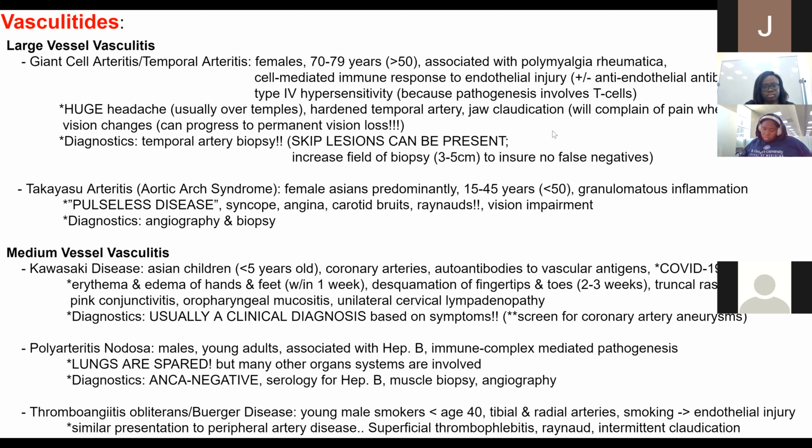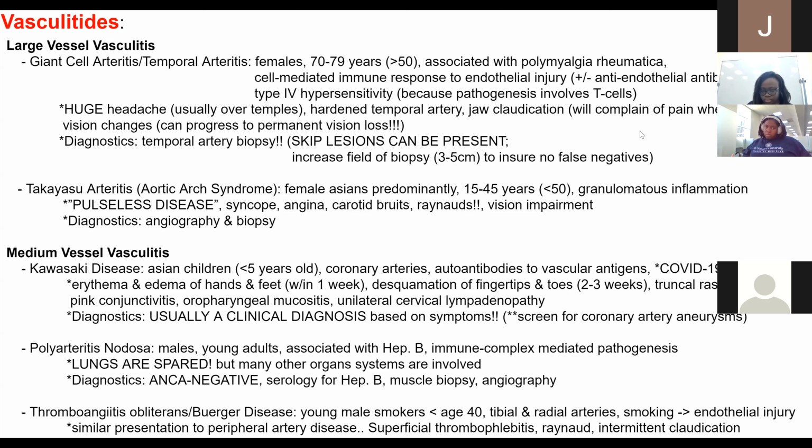Anyone want to take a guess? Type 4, perfect, guys, beautiful, right? Granulomatous inflammation. What do you see in your granulomas? T cells, right? Immediately, type 4 hypersensitivity. Beautiful job, guys.